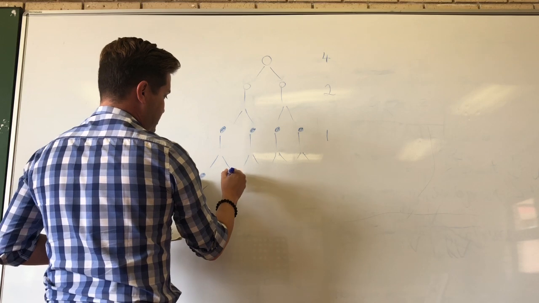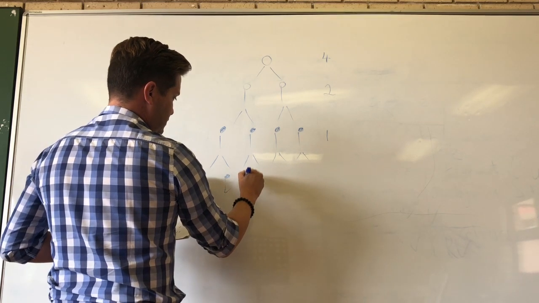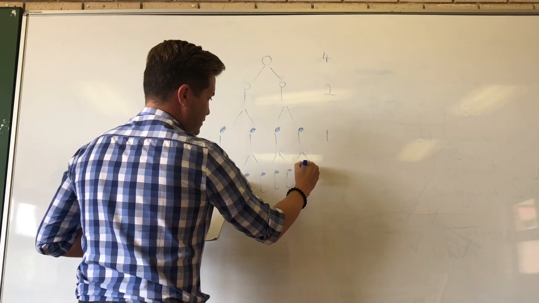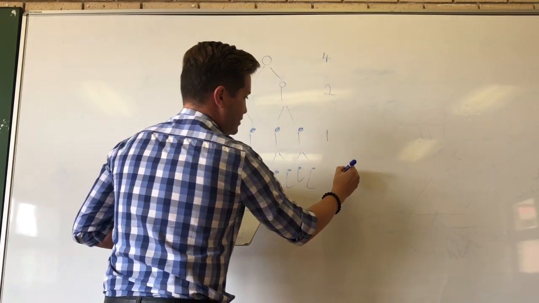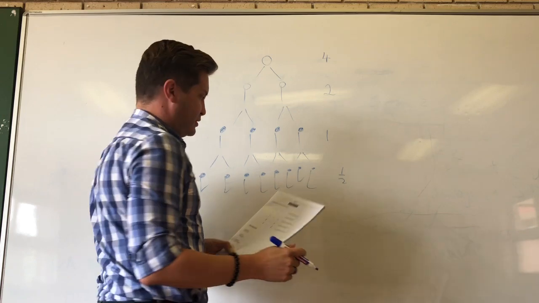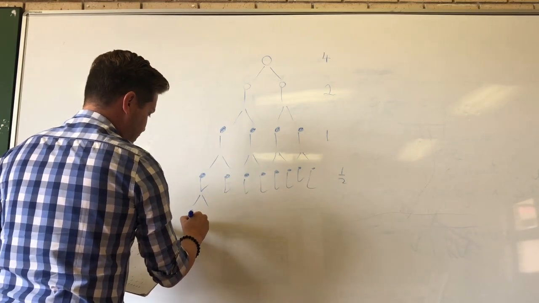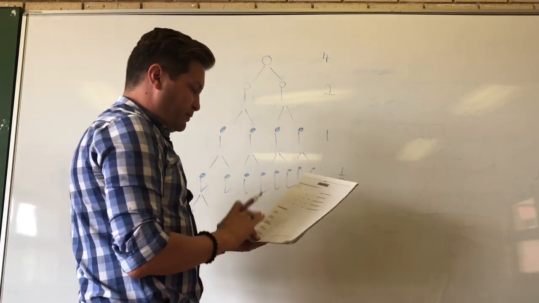Each crotchet can then be subdivided into quavers. Each quaver is valued at half a count, and each quaver can be subdivided into semi-quavers. So you've got them on your page.